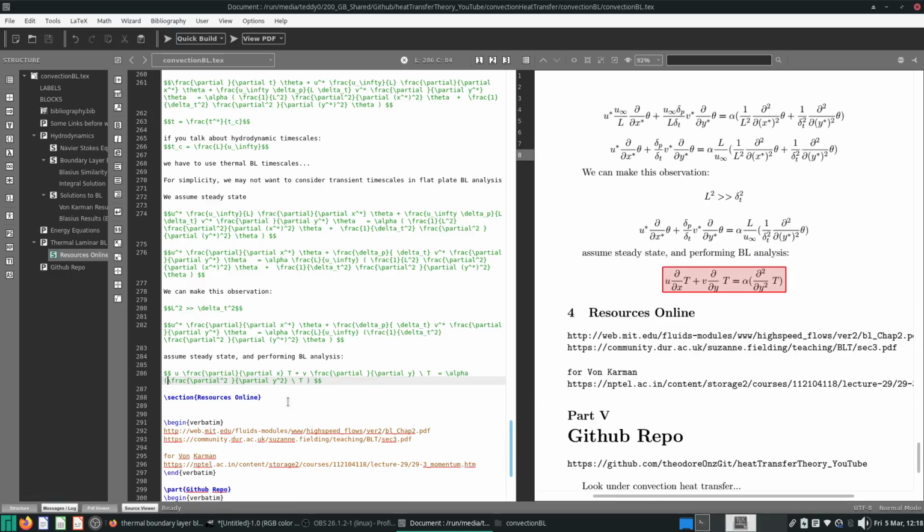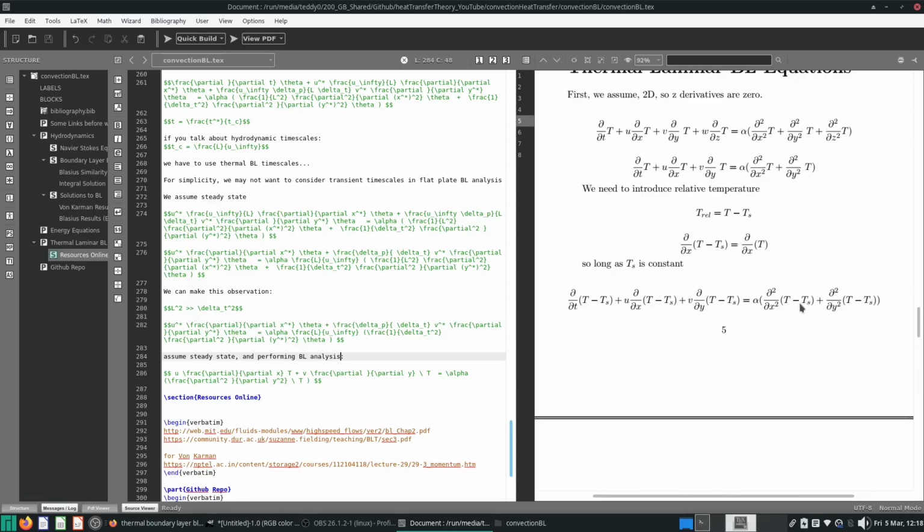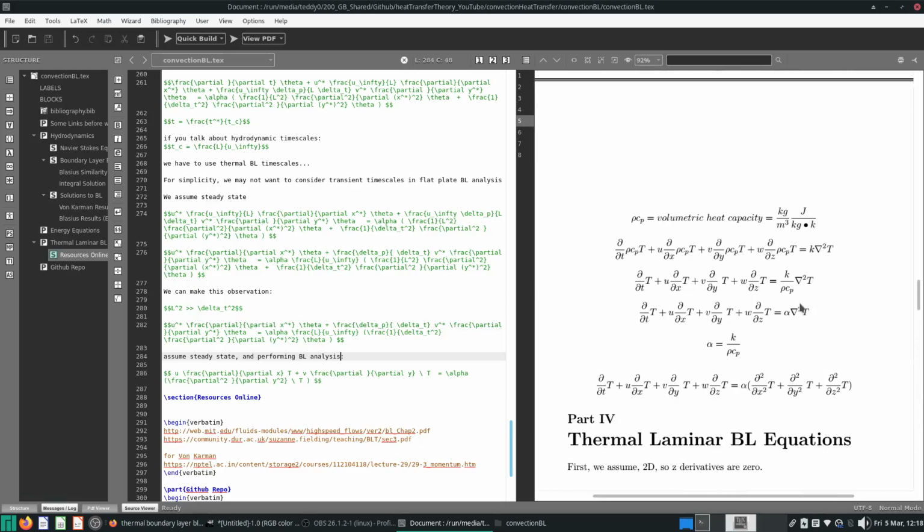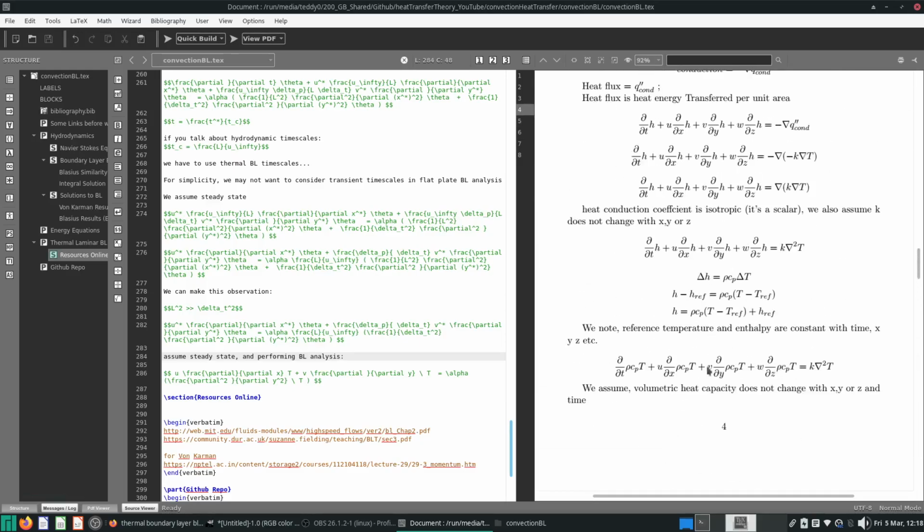Just by non-dimensionalization we can do that. So this is the energy equation for our boundary layer. And of course we assumed a lot of other things at the start as well, so you need to take that into consideration: no dissipation, no heat generation.